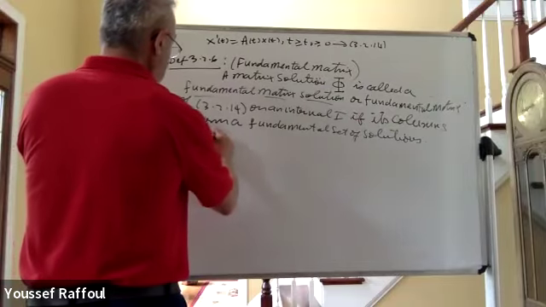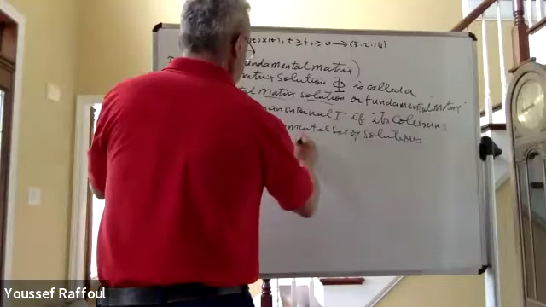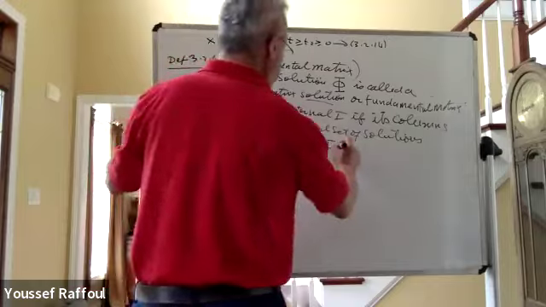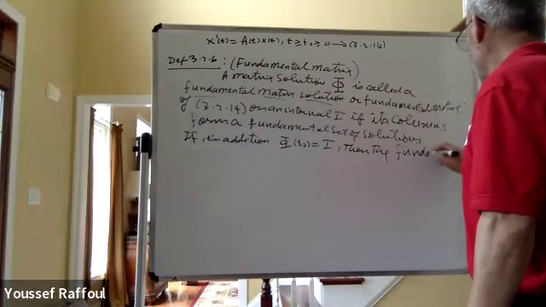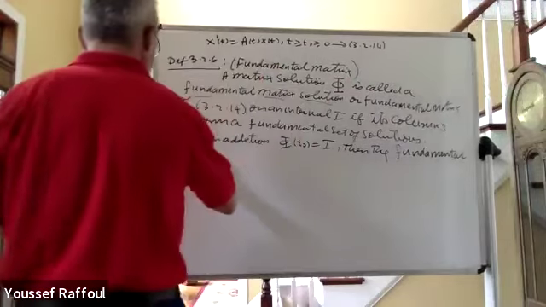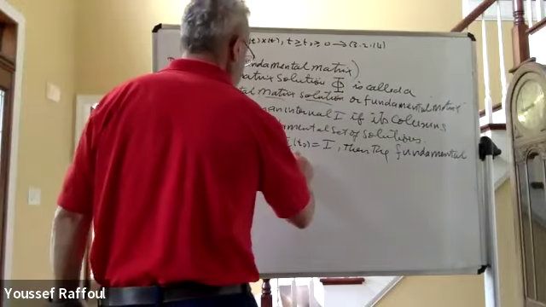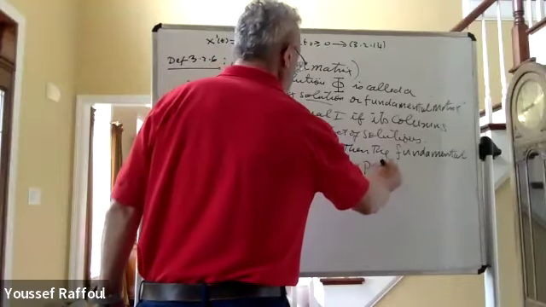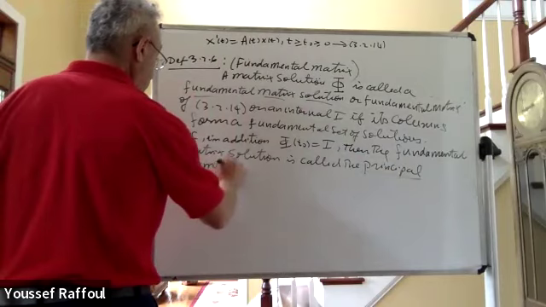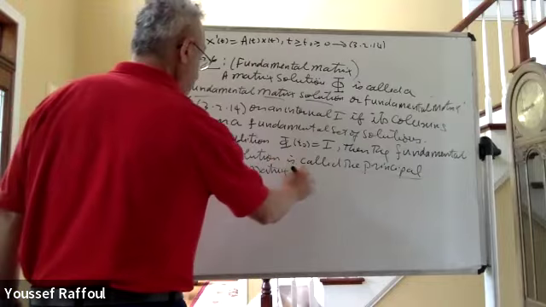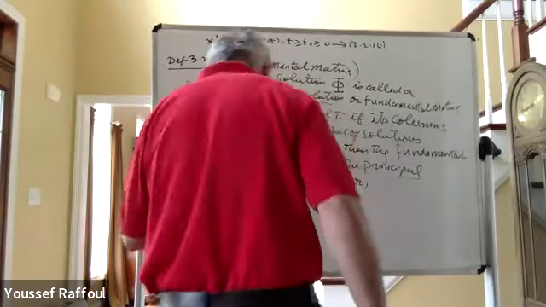If in addition phi of t naught equals I, then the fundamental matrix solution is called the principal fundamental matrix solution, or simply, principal matrix.